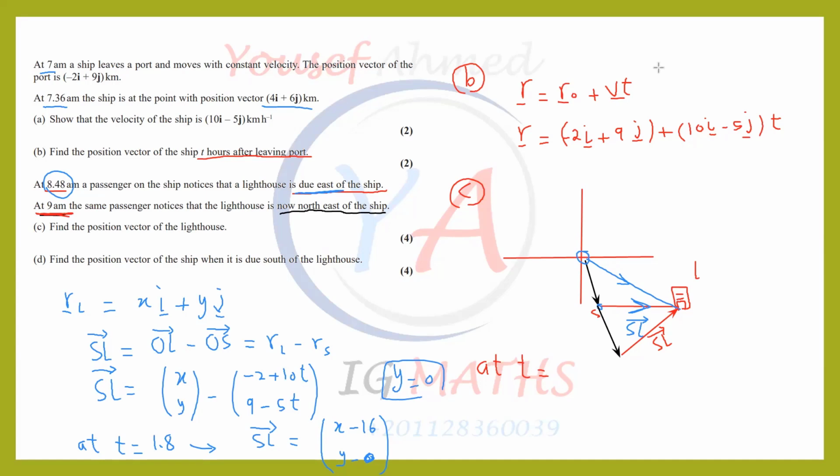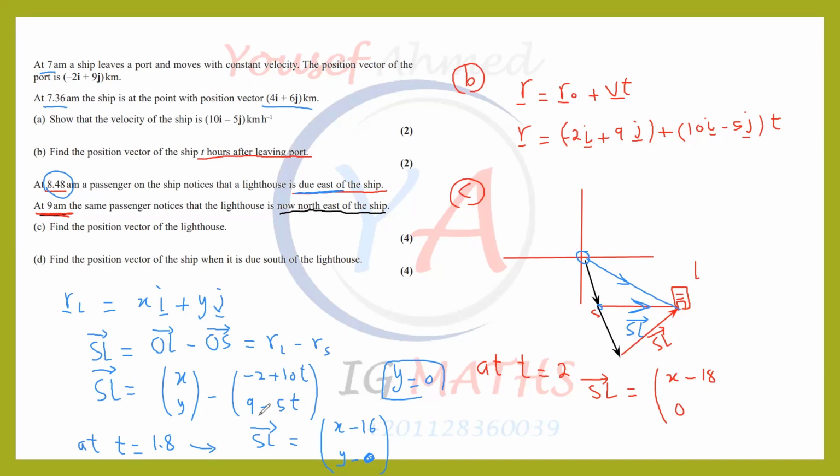So we get SL, taking into consideration that y is 0, and replace the time by 2. 10 times 2 is 20, and 20 minus 2 is 18, so it will be x minus 18 here.